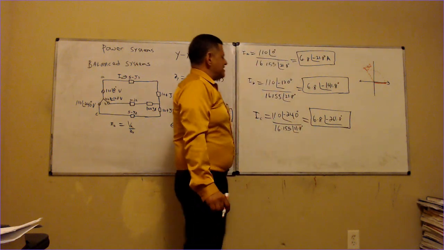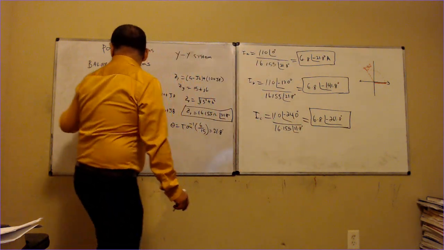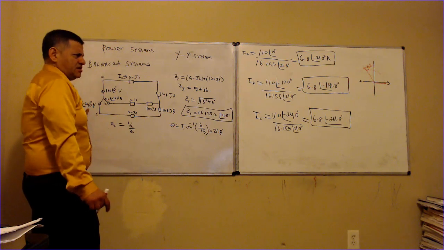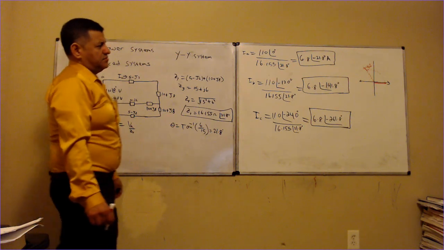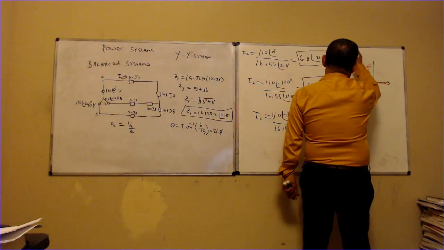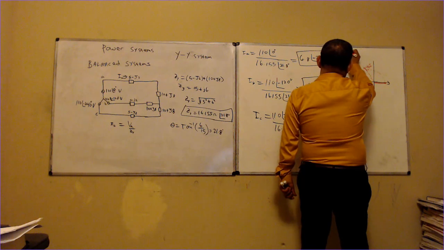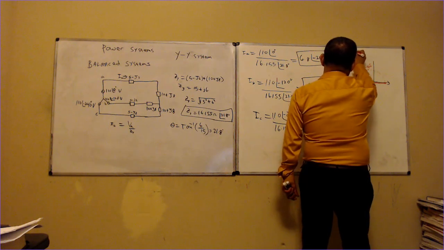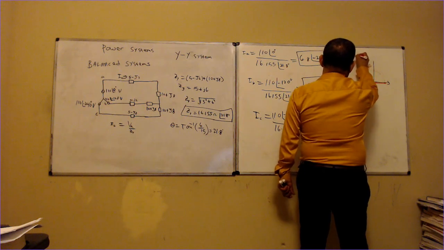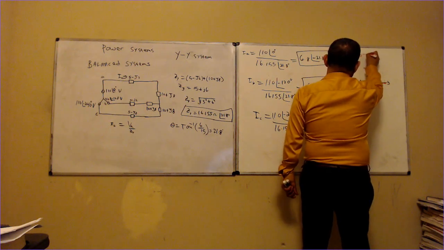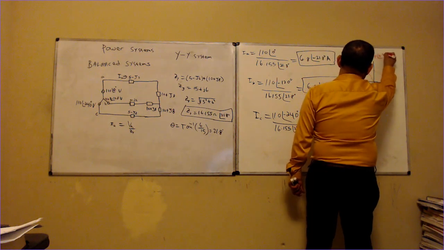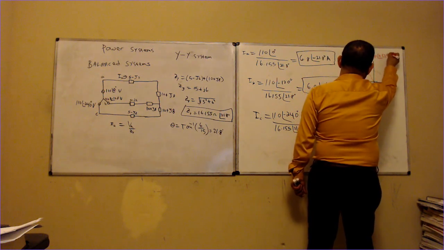Okay, but they sometimes say, oh, these are not in phase because this is 240. Well, by definition, we say that V phase at 240 degrees is the same as VP at plus 120 degrees.